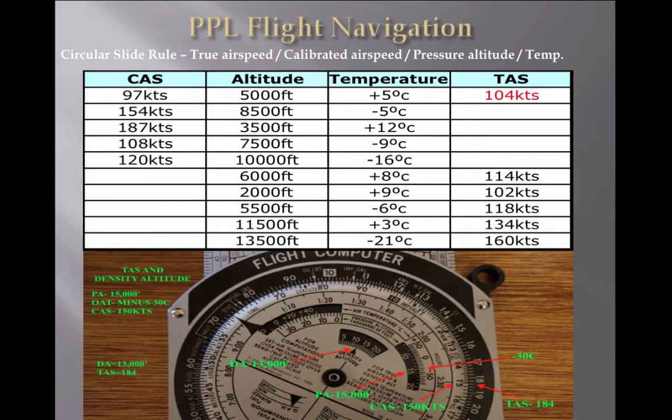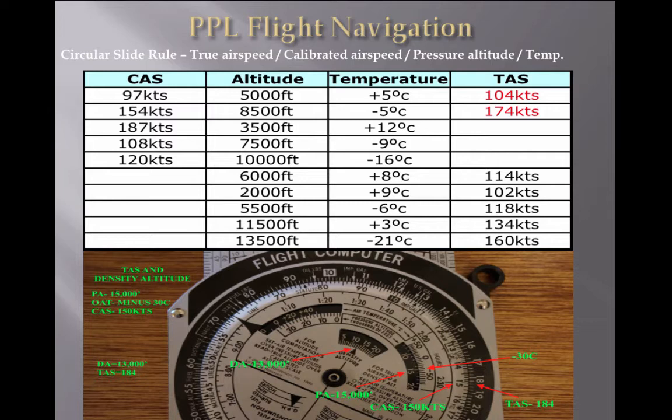Once we've done that, we then find 154 knots on the inner scale, and we then try and measure that out to our outer scale, and if you're getting between sort of 173 and 175, you're pretty much on the money. So I'm going to put down 174 for that.